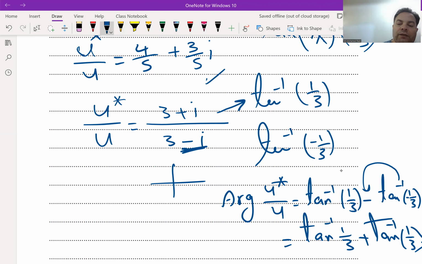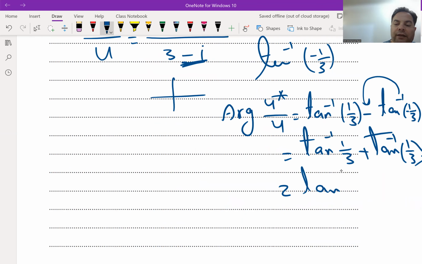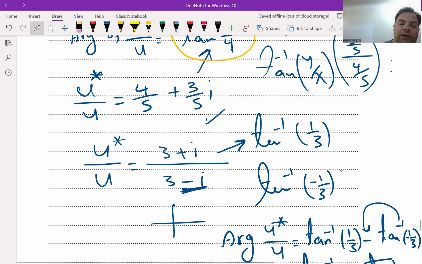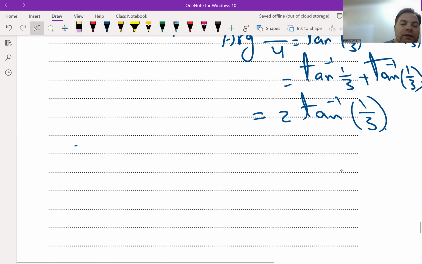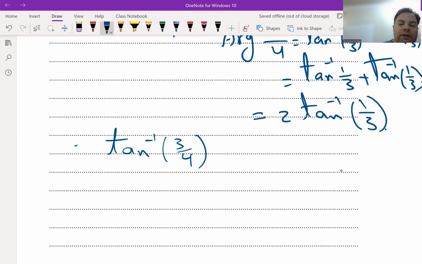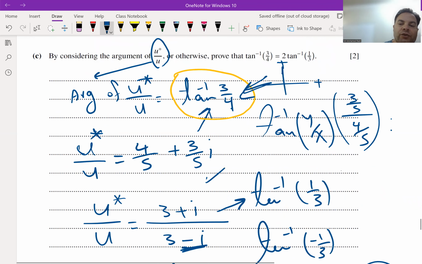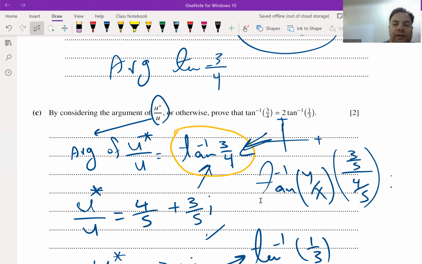So simplified will be 2 tan minus 1 of 1/3. If you look at the right side, the first part, it's tan minus 1 of 3 over 4. So tan minus 1 of 3 over 4 is equal to 2 tan minus 1 of 1 over 3. This is what I asked you to show, that the left-hand side is equal to the right side.